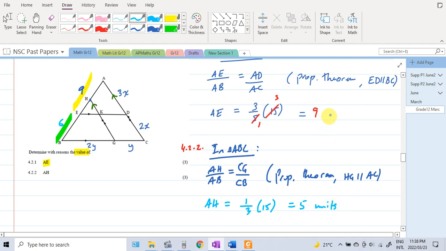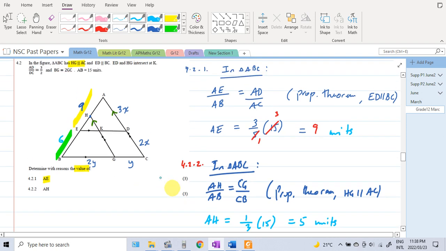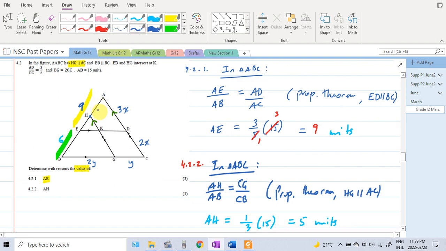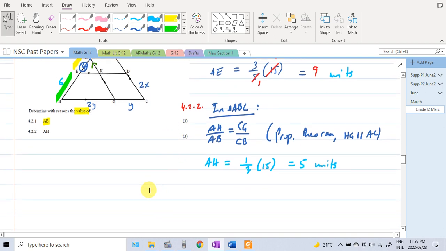Let's write units here as well. So we have 5 units for AH. Now if AH is 5 units, then we're left with HE, which is 4 units. Right, so those two questions are sorted out.